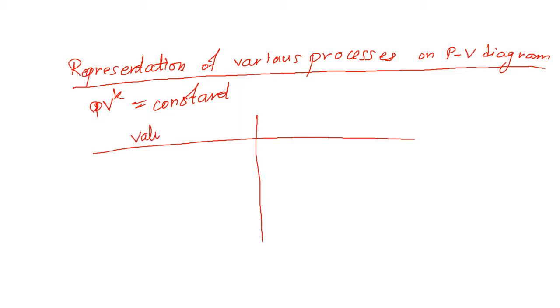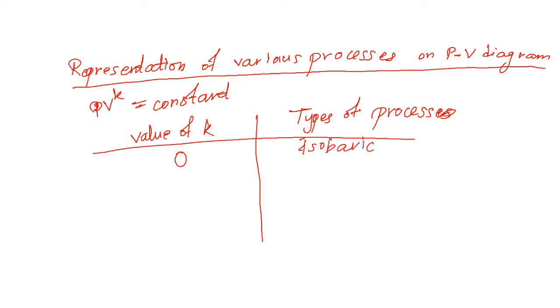The value of K is equal to 0 when it is an isobaric process. PV to the power 0 equal to constant means P into 1 equal to constant, meaning pressure is constant for an isobaric process.